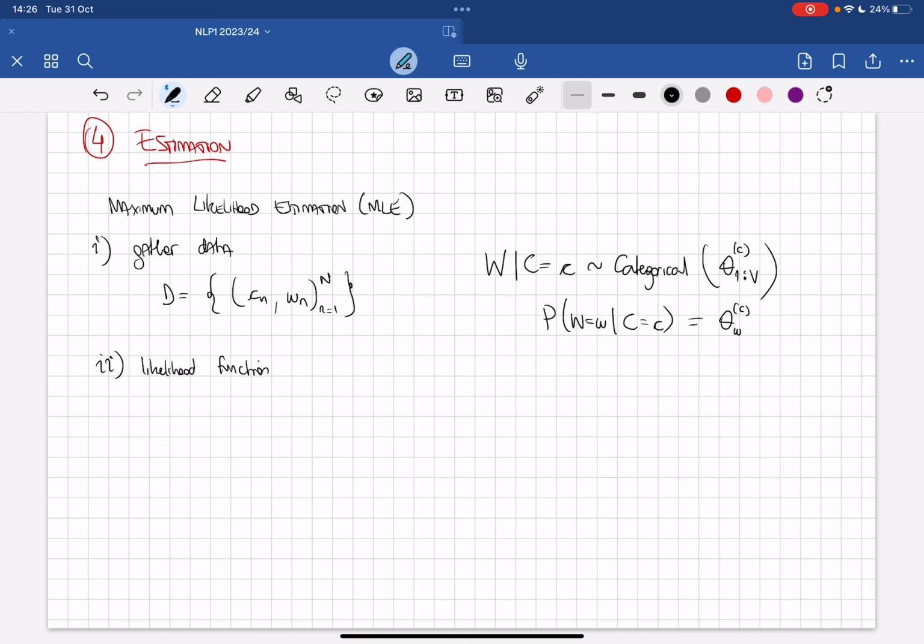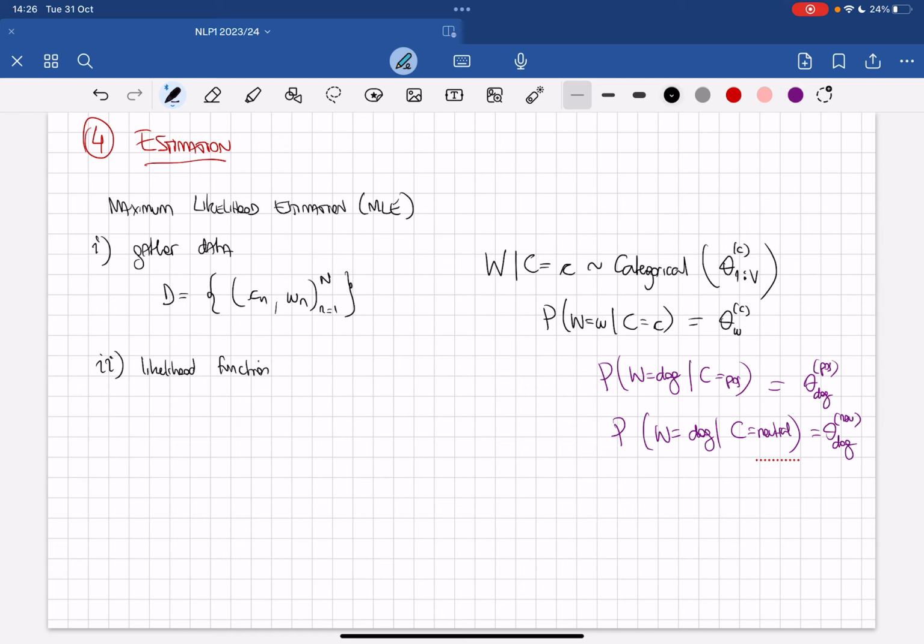So I'll write some examples. The probability that w is a dog for a positive class in a positive document is the vector specific to the positive document's coordinate dog. Right, and w is a dog given that the document is neutral, and this is the theta specific to neutral documents coordinate dog, so it's a different theta.